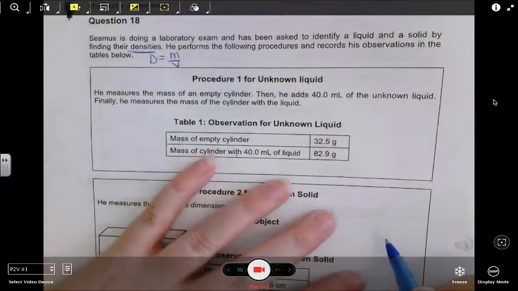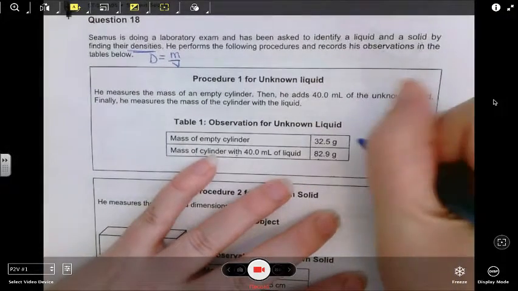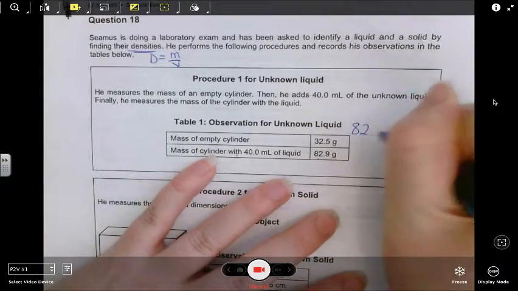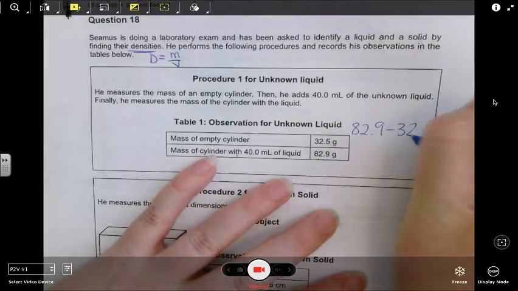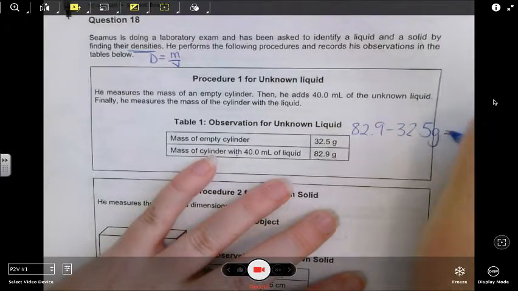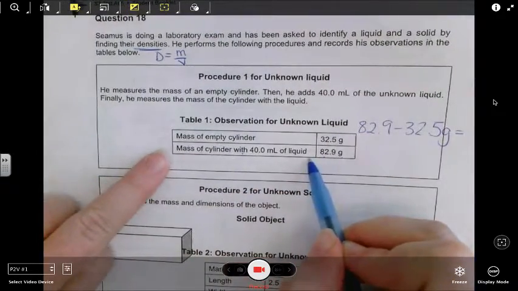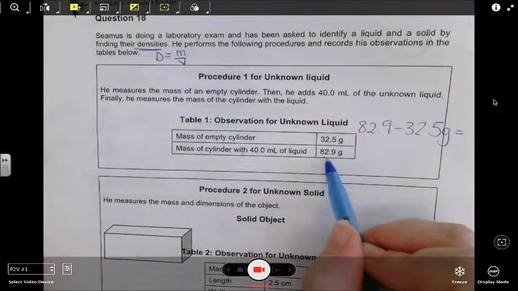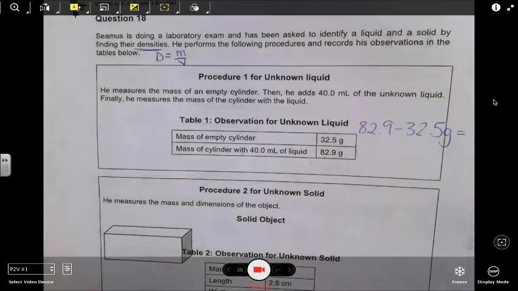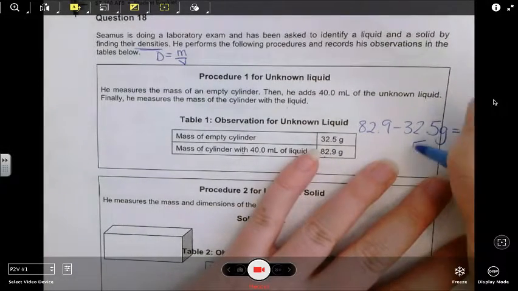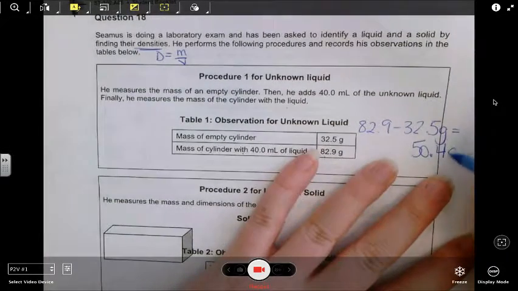So what you need to do is 82.9 minus 32.5 grams to figure out what the mass of the liquid is. Okay, so if you do that, you should have got 50.4 grams.